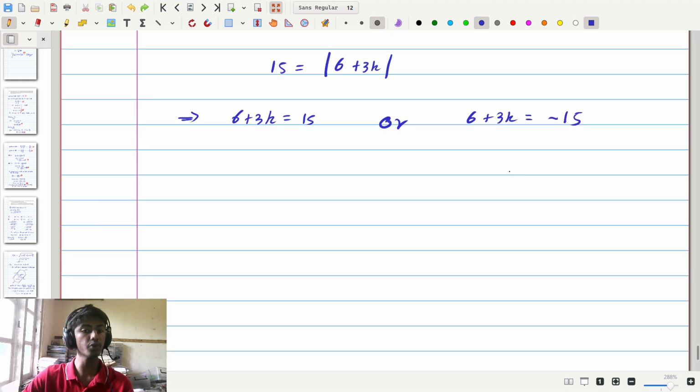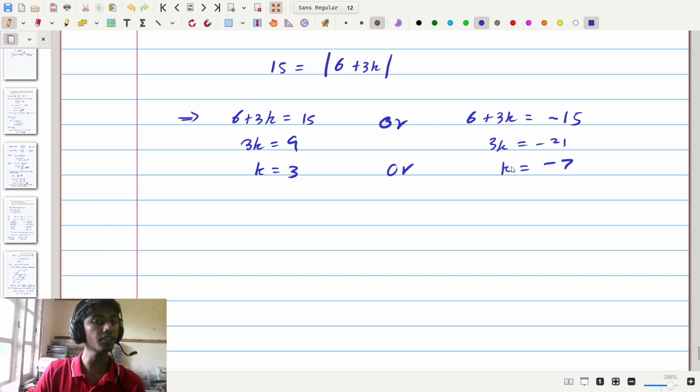Now solving these two, for the first one, we get 3k equals 15 minus 6, or 9, which gives us k equals 3. From the second one, we get 3k equals minus 15 minus 6, or minus 21, which gives us k equals minus 7. So therefore, k is equal to 3 or k is equal to minus 7.